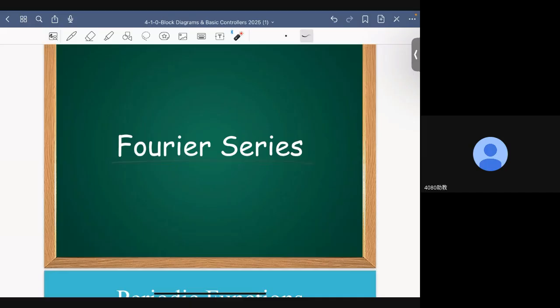I'm pretty positive you learned the Fourier series when you took the course of engineering mathematics. When I took that course, I also studied the Fourier series. But at that time, it was nothing but a mathematical technique. I had no idea how to apply it to real-world problems because I didn't understand its physical meaning.